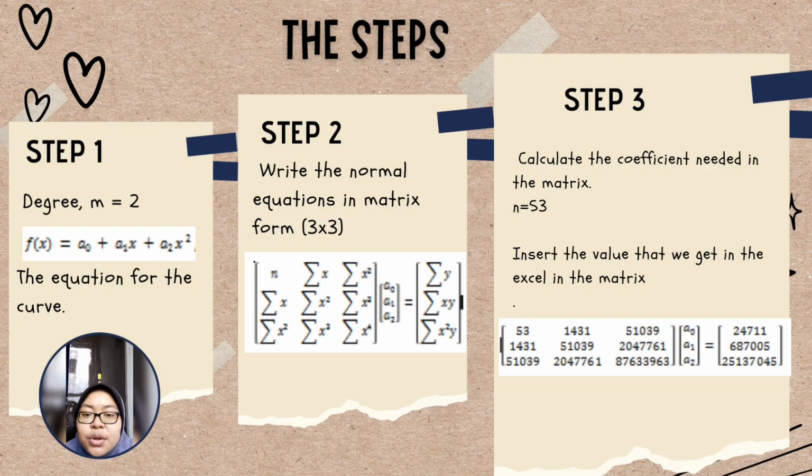The summation of x multiplied by y is 687005, and the summation of x squared multiplied by y is 2513745. And this is the matrix form of the function.